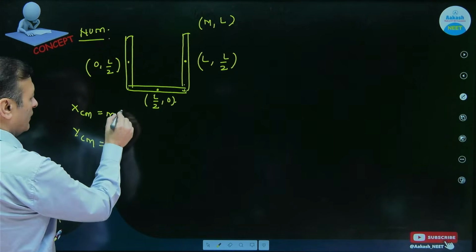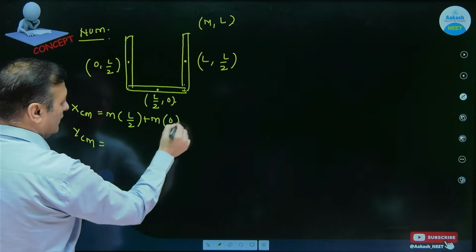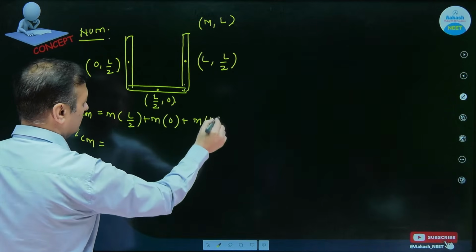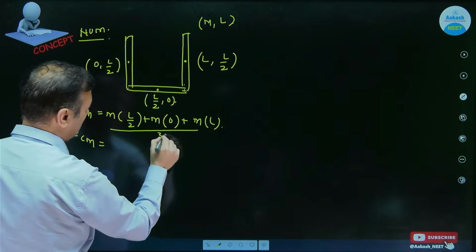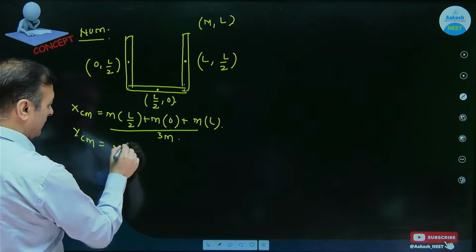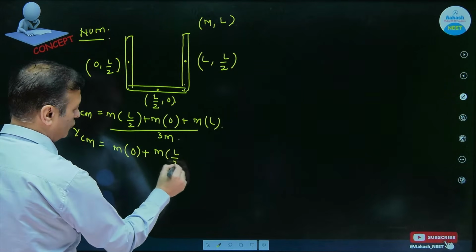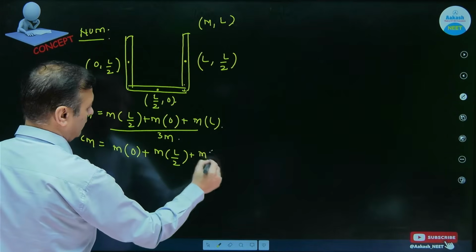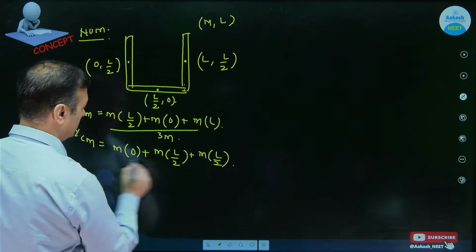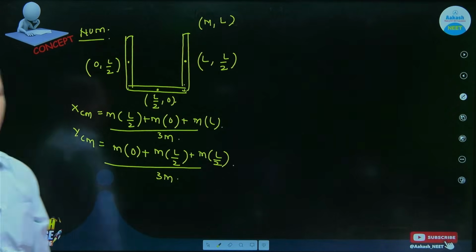So this is m1 x1, m2 x2, m3 x3 by total mass. Similarly for the y coordinate, it's m1 y1, m2 y2 and m3 y3 divided by total mass 3m. Got it?